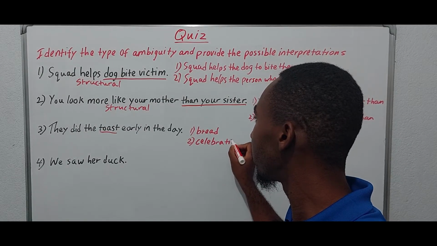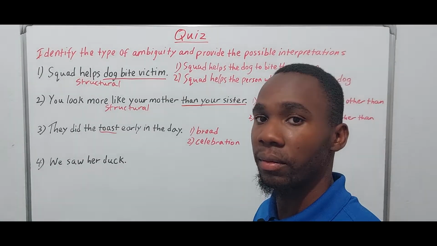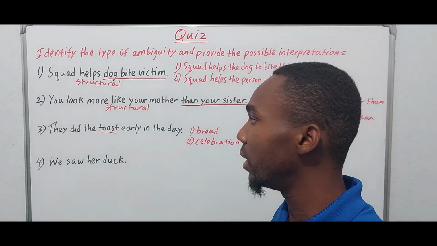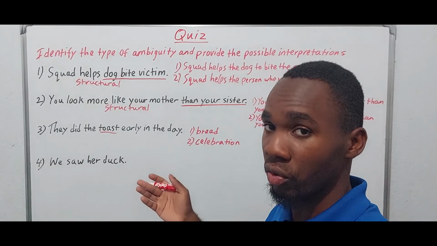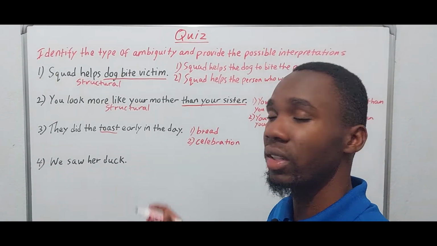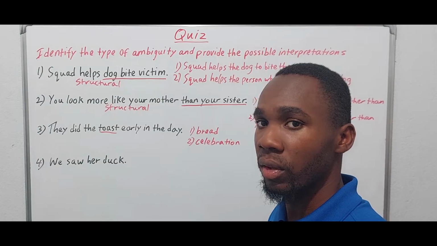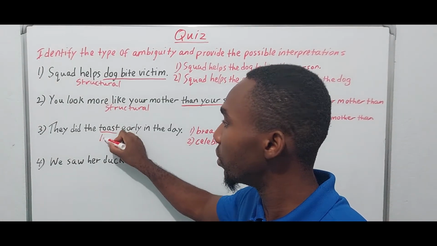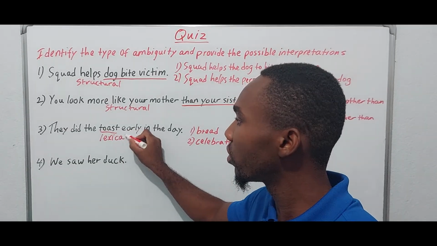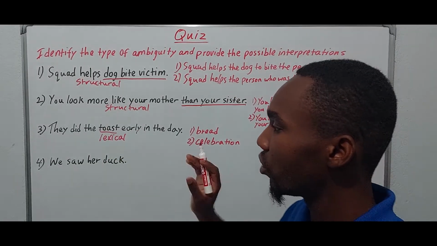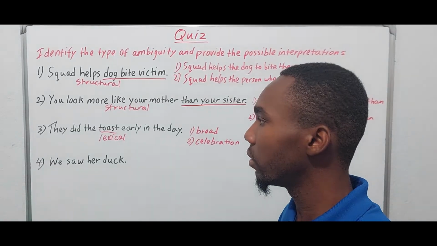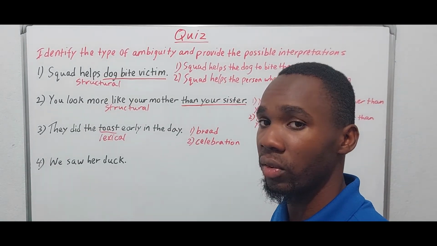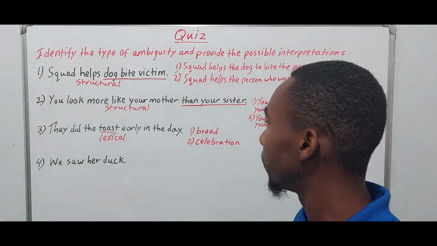When we do a toast, we celebrate something. So both of those can be conveyed by toast. So toast is going to be ambiguous. Therefore, toast is going to be an example of lexical ambiguity. Because if we extract toast from this sentence, it will be ambiguous. The sentence is not making it ambiguous. It's already ambiguous, okay? So that would be lexical.